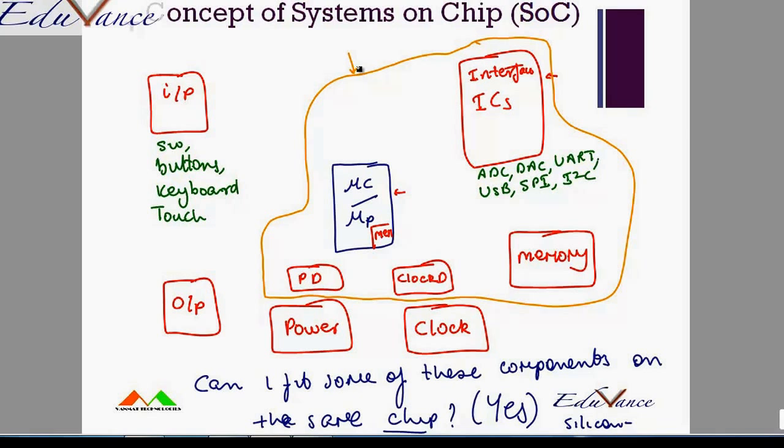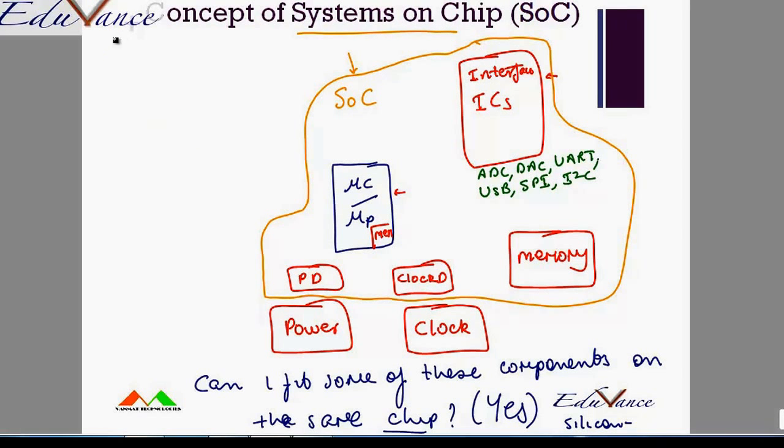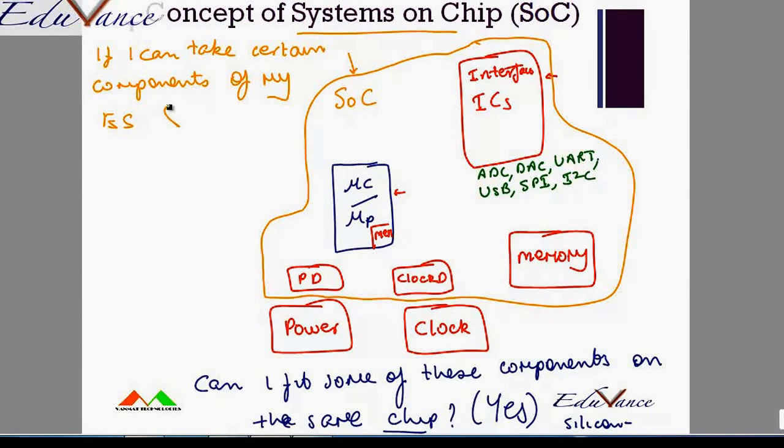So that is what we call SOC, or systems on chip. In definition, if I can take certain components of my embedded systems and put them on a single chip, then I can call it a SOC, or a systems on chip.